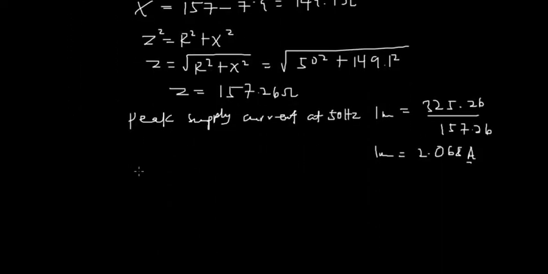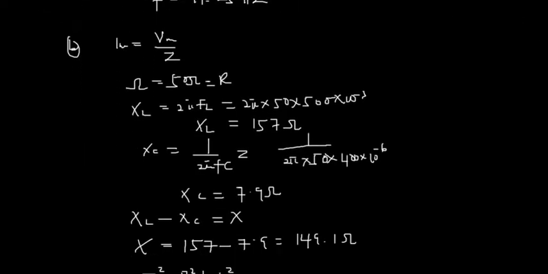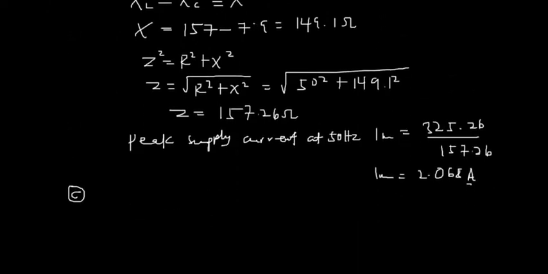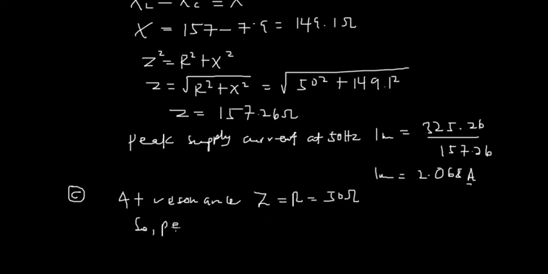Now we know that at resonance, our Z, which is equal to R, is equal to 50 ohm. That's at resonance.